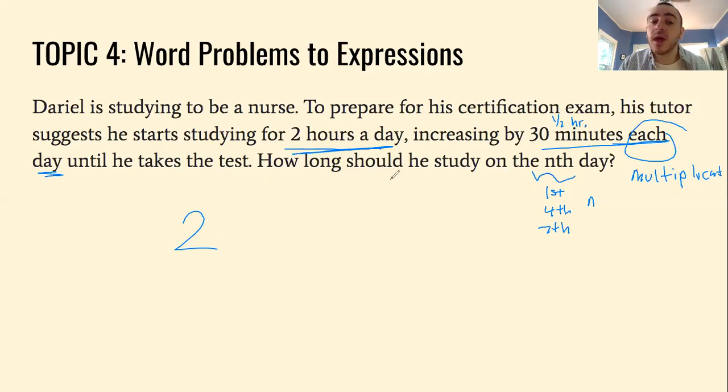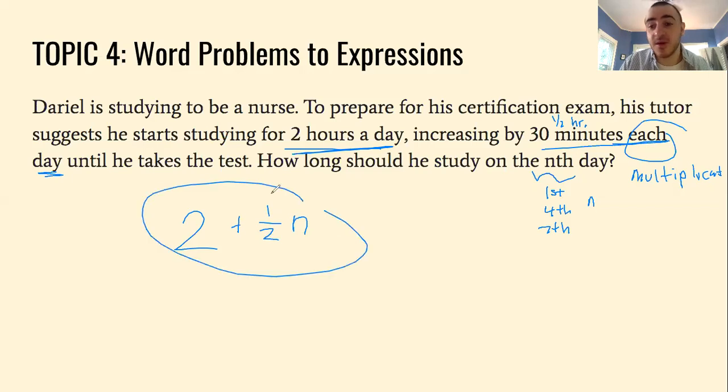So I know that I can do half an hour times the days, right? So if he does 7 days, he should do 7 more half hours than he started with. So I'll do 1/2 n. All right, so this is your expression right here.